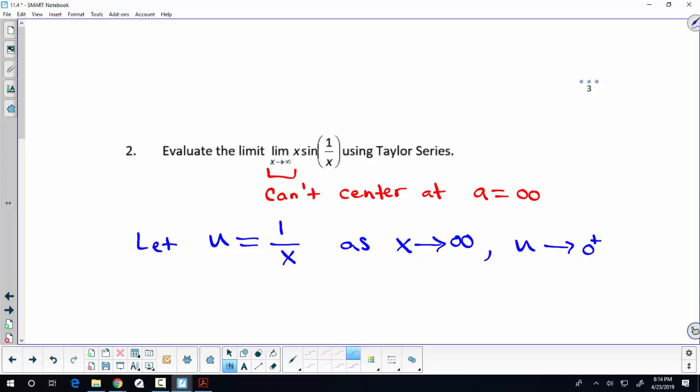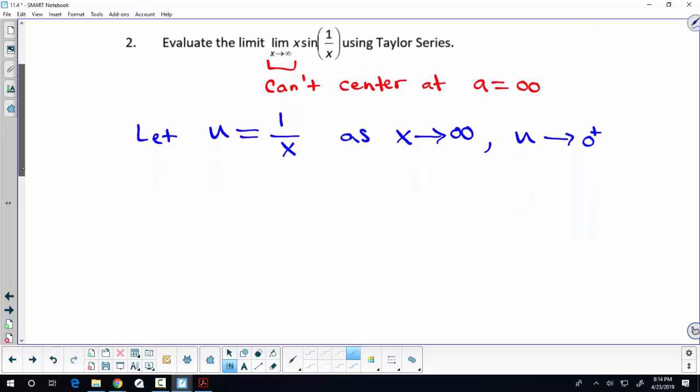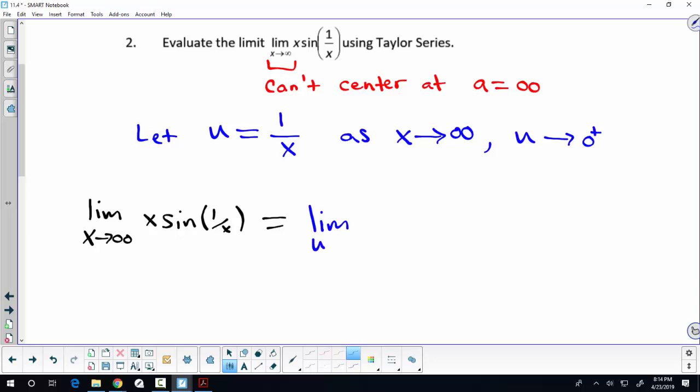But as soon as we made this substitution, u is what we're going to work with. U is approaching 0. We can center at 0. So as x approaches infinity on x sine 1 over x, in terms of u now, what is this? The limit as u approaches 0.